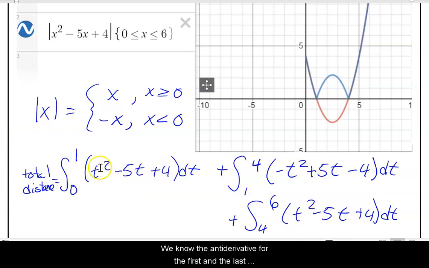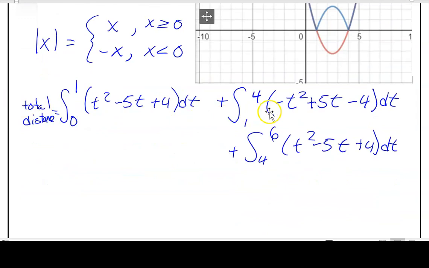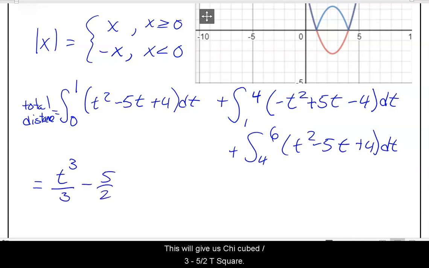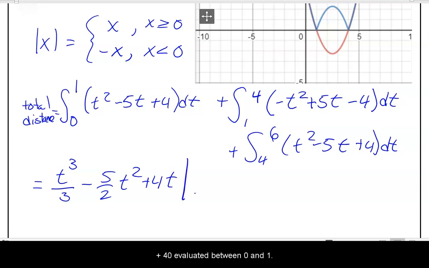We know the antiderivative for the first and the last integral since it's the same one we've been doing all along. It will be similar for the center integral, except that the signs will be opposite in nature. Let's represent it now. This will give us t cubed over 3 minus 5 halves t squared plus 4t evaluated between 0 and 1.